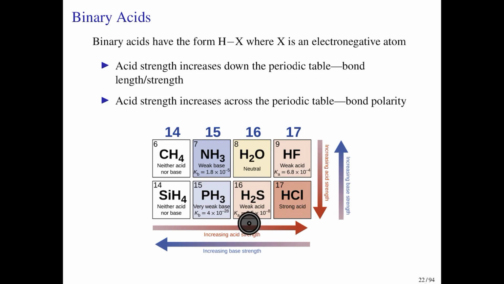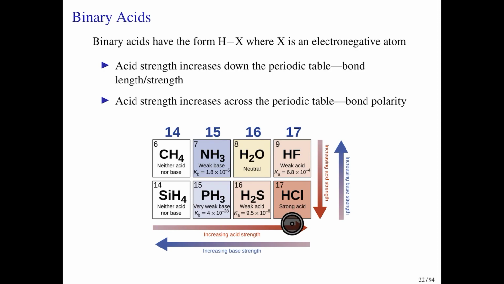Hydrosulfuric acid would also be a binary acid. Here you have an atom directly connected with a hydrogen atom. And so there are two ways to compare binary acids. If the two acids line up in the same column of the periodic table, for example, HF and HCl, you use the bond length strength criterion.